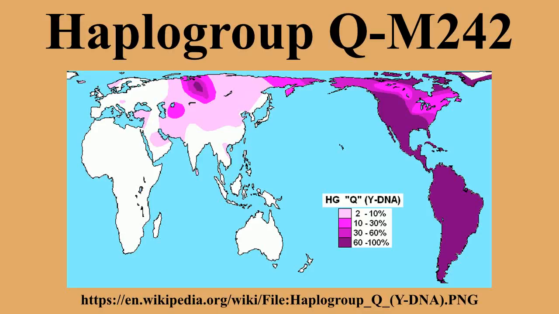The highest frequencies of Q-M242 in Eurasia are witnessed in Kets at 93.8% and in Selkups at 66.4%. Russian ethnographers believe that their ancient places were farther south, in the area of the Altai and Sayan Mountains.